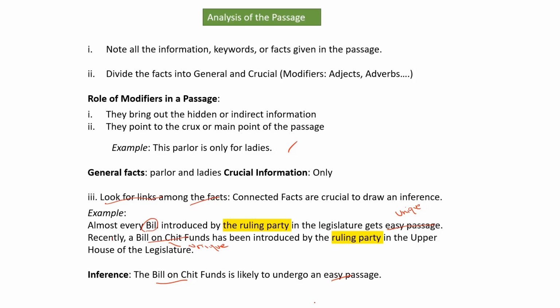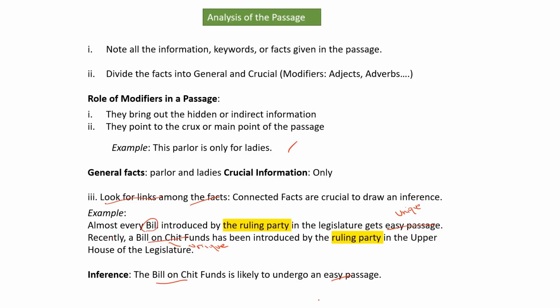So when two facts are connected, there is a common keyword between the two statements, and there is a unique keyword in statement 1 and a unique keyword in statement 2. Then we can make an inference about these unique keywords because they are connected, right?